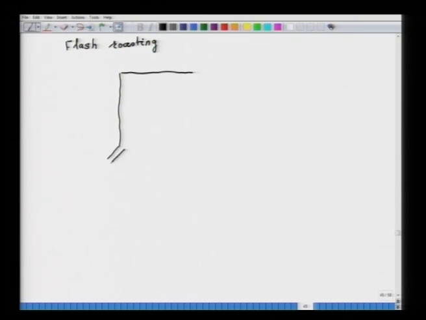Here is the roast product, and this is the discharge of the gases.